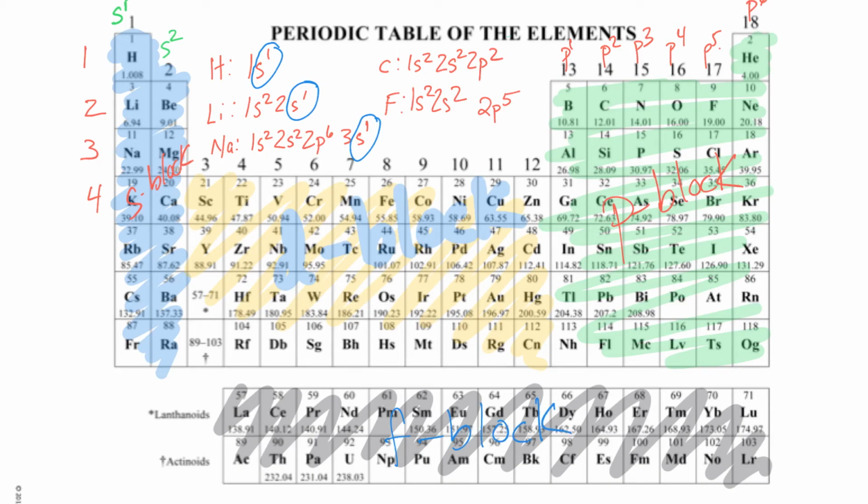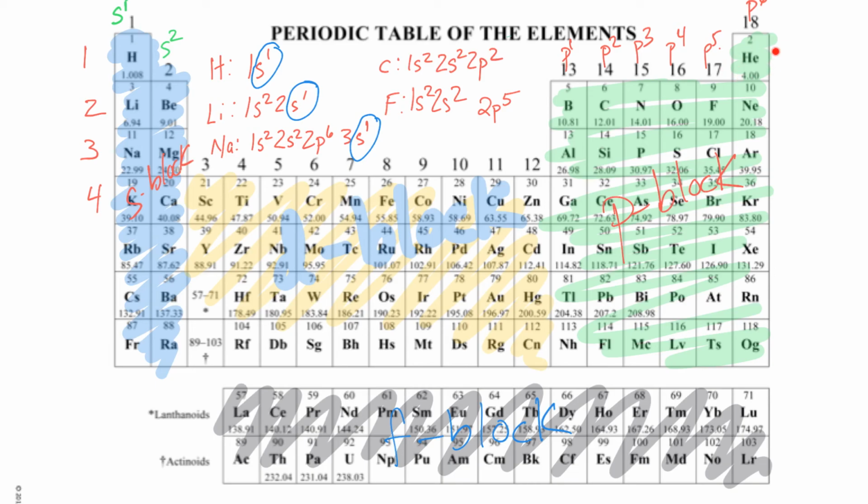So in each of these blocks, whatever block the atom is in, that's the block that is going to be filling up with electrons. All of the previous sublevels have been filled. But if it's in the p block, then we're adding electrons to that p sublevel. That p sublevel will be partially filled until you get all the way to group 18, where the elements will have 6 electrons in the p sublevel.